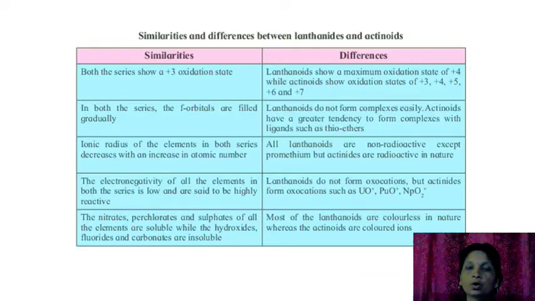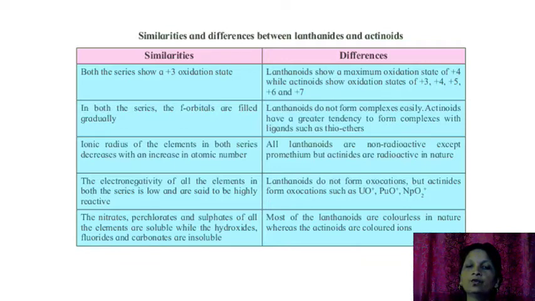Now the third difference: all lanthanides are non-radioactive except promethium. Promethium is radioactive, all others are non-radioactive. But in the case of actinides, all the elements are radioactive in nature. Lanthanides do not form oxoanions. This is the fourth difference.